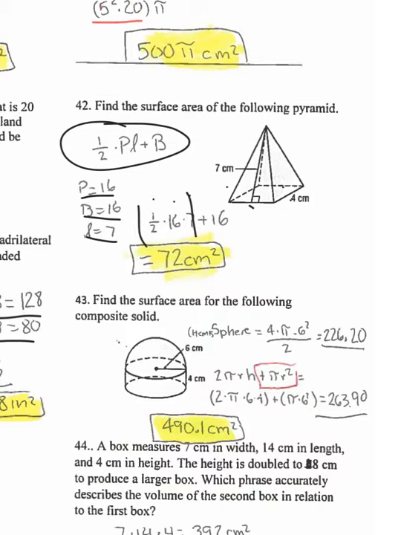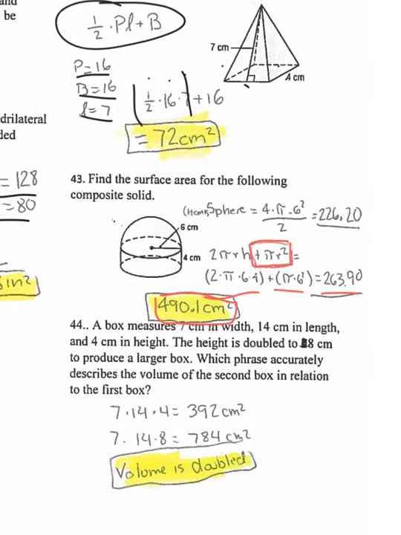That's why it's circled or boxed here in red: you have 2 pi rh plus 1 pi r squared, because the top base is covered. So 2 pi rh for the lateral part, plus the 1 circle on the bottom. Even though it's on the ground, it is outside of the shape. So that gives you 263.9, and then you add them together, 490.1 centimeters squared.